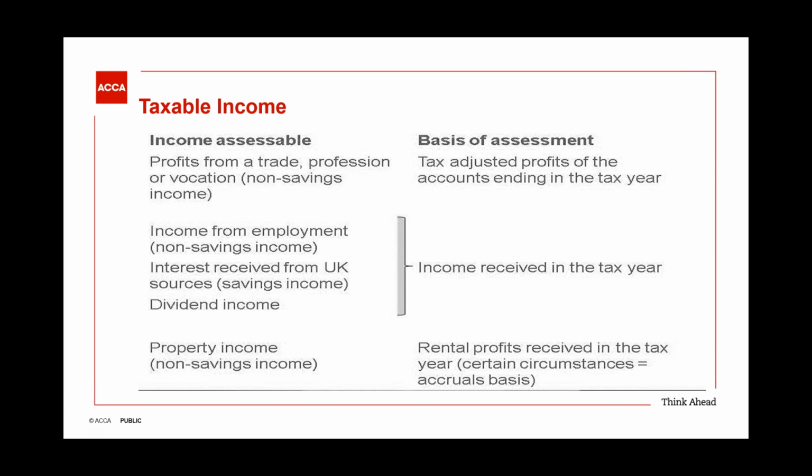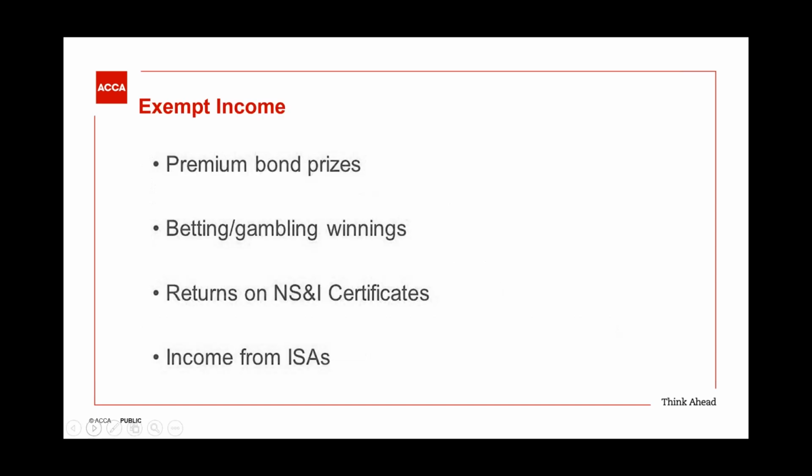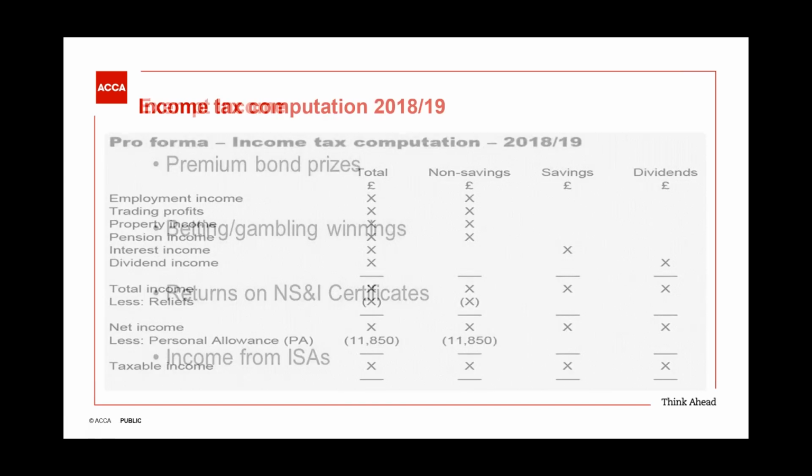When you deduct these reliefs from your total income, you get what we call net income. Still, it is not the taxable income because you're entitled to deduct something called personal allowance when calculating your taxable income.